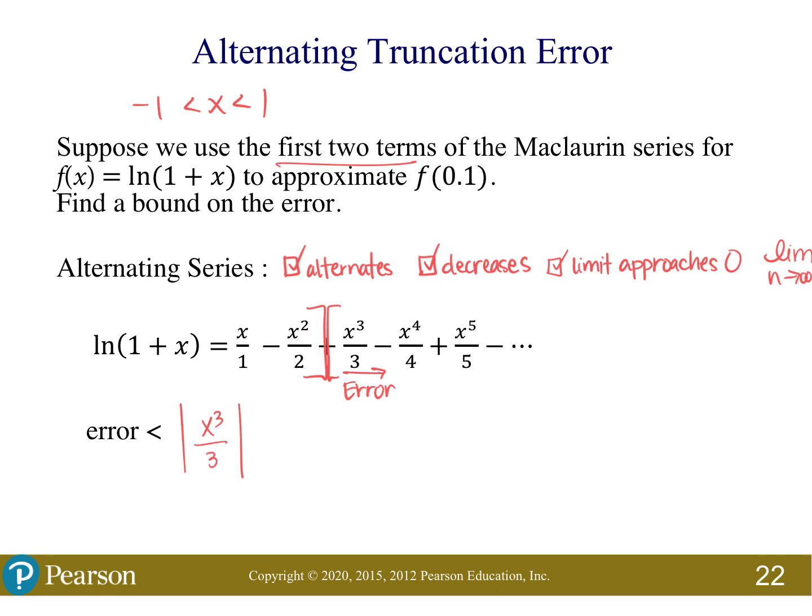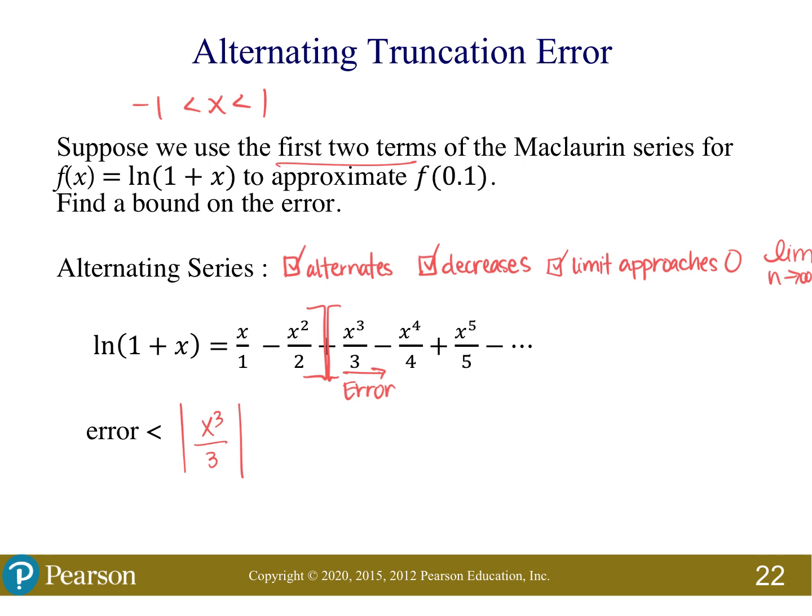Because no matter what, the next term that you subtract would be smaller, and then the next term that you would add back would still be smaller yet, and the next term you would subtract would be smaller still, and the next term you would add. So it will be less than this amount.